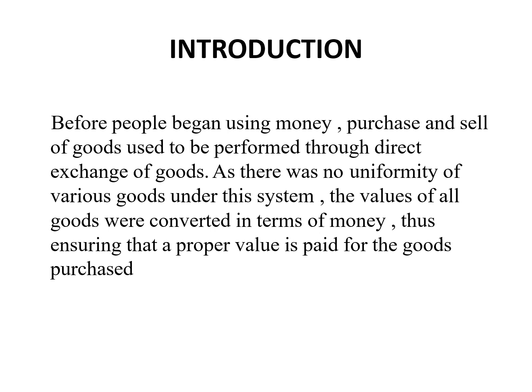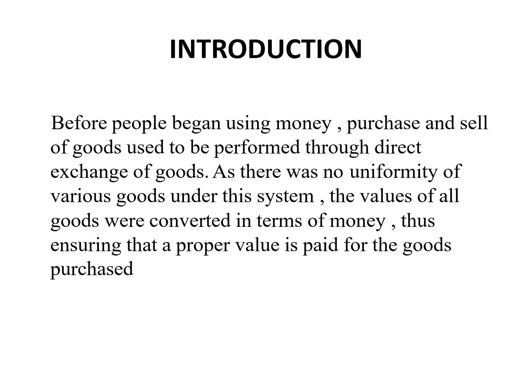Before going to the general definition of compound interest, let us see the introduction part. Before people began using money, purchase and sales of goods used to be performed through direct exchange of goods, as there was no uniformity of various goods under this system.